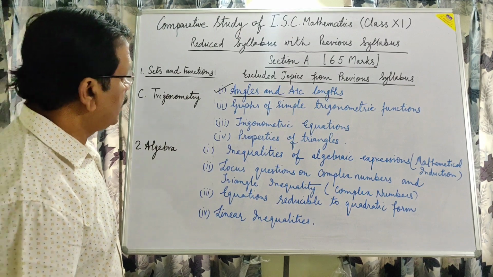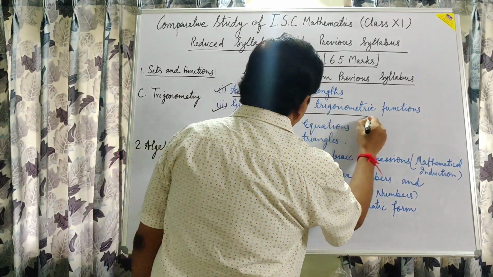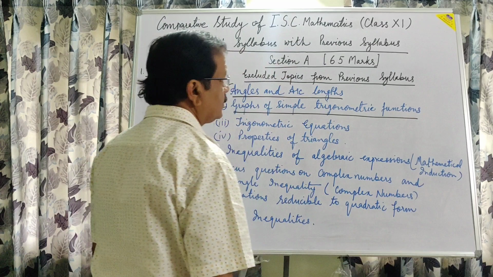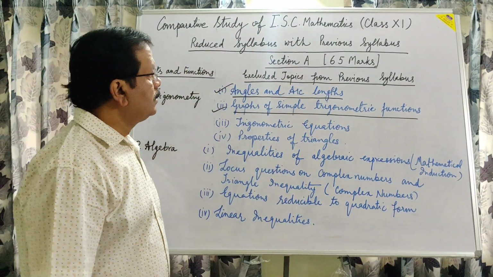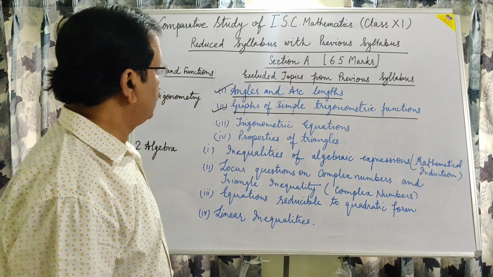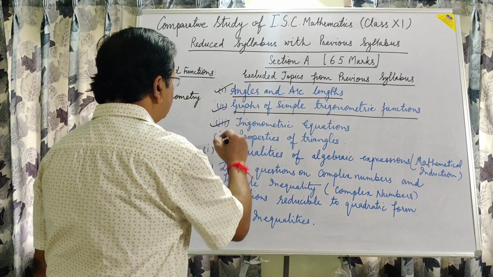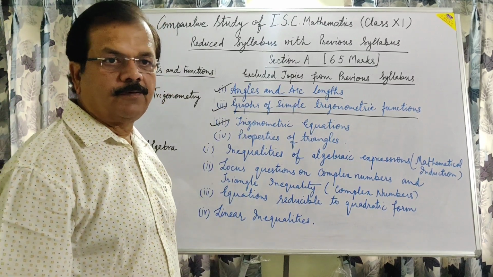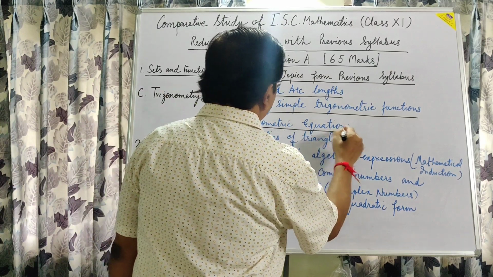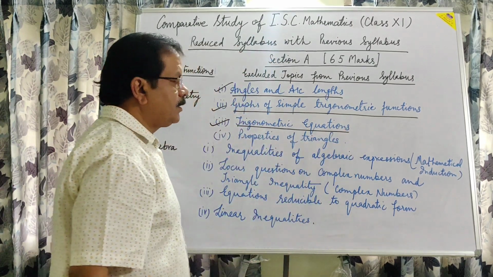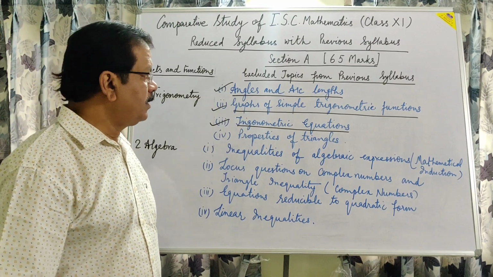Second one, graphs of simple trigonometric functions: sin x, cos x, tan x, cot x, sec x, cosec x will not be there in the reduced syllabus. Third one, trigonometric equations. This chapter is completely excluded from the previous syllabus. Though this is a very important chapter, it is excluded completely because of this pandemic.